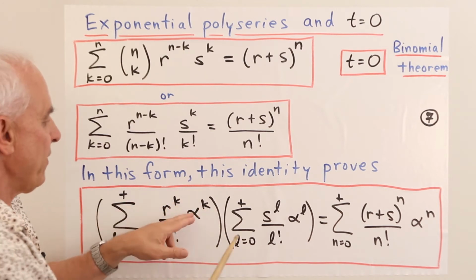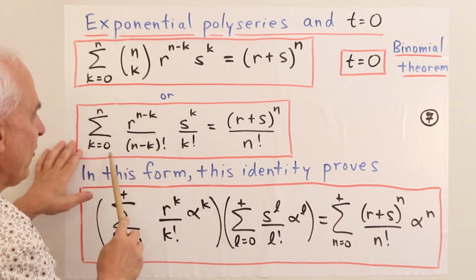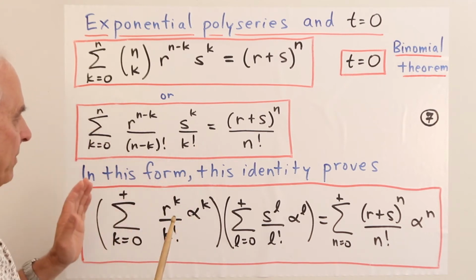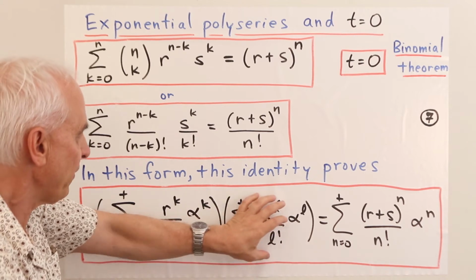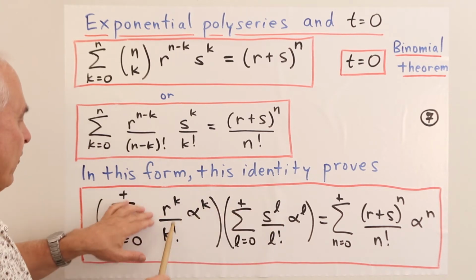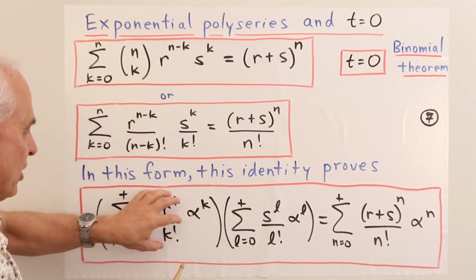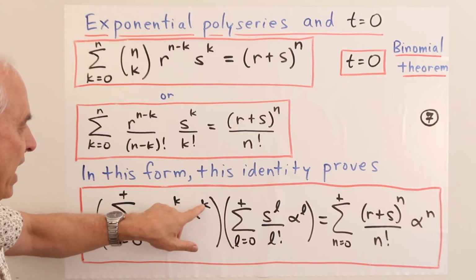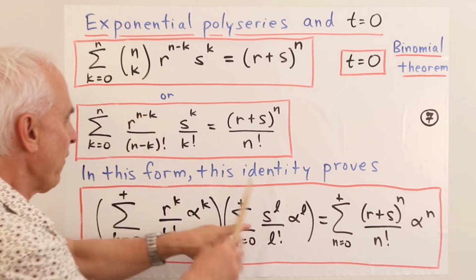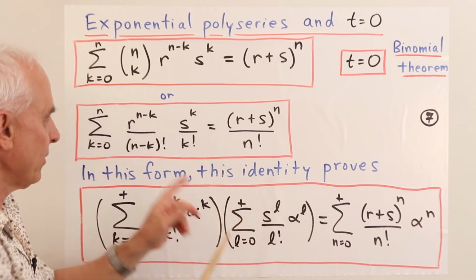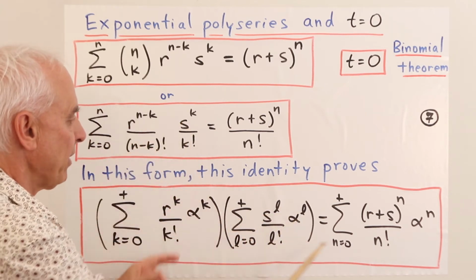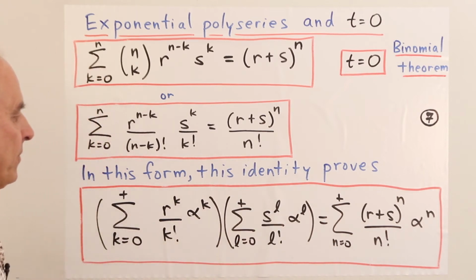Okay, so that's what's being expressed by this sum. This sum here is a sum of the product of coefficients here and coefficients here. So there's an r to the n minus k over n minus k factorial. That's a coefficient of an alpha to the n minus k. And over here, this is the coefficient of the corresponding alpha to the k. Those alphas multiplied to get alpha to the n.